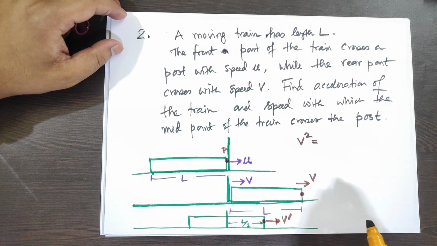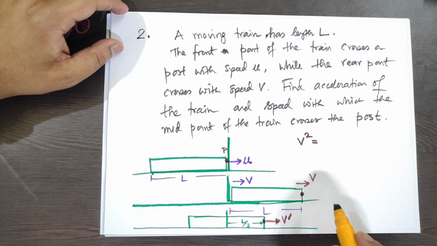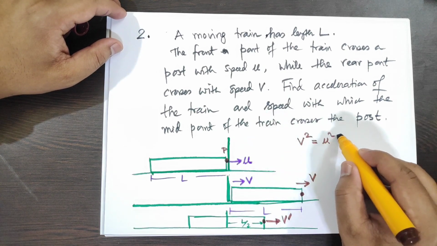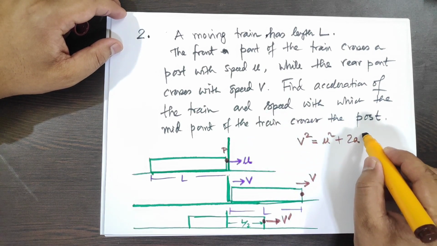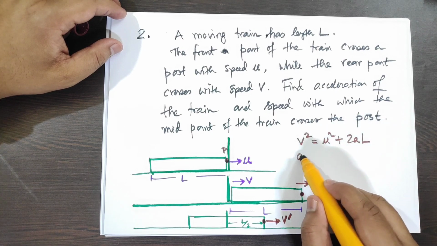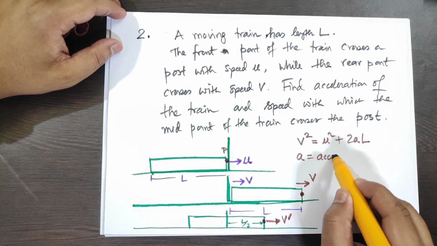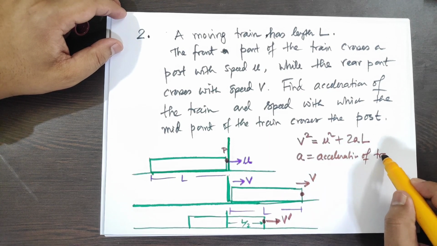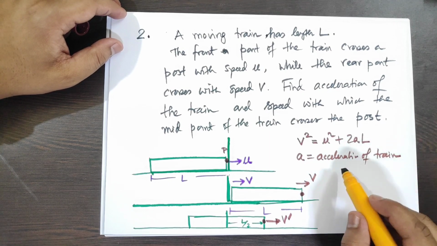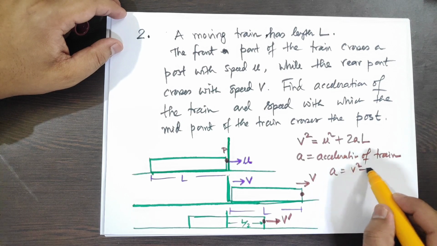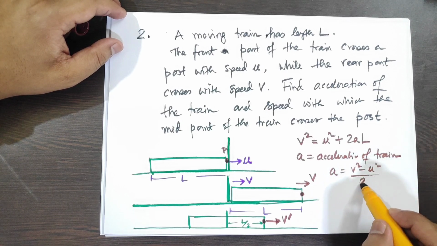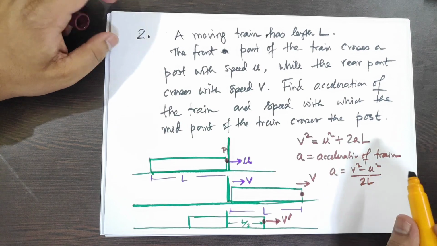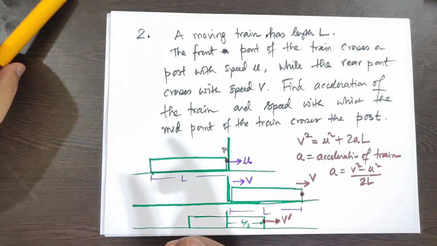So v square equal to u square plus 2aL. Now see, a is the acceleration of the train. So a equal to (v square minus u square) by 2L. So that is the answer to the first part.